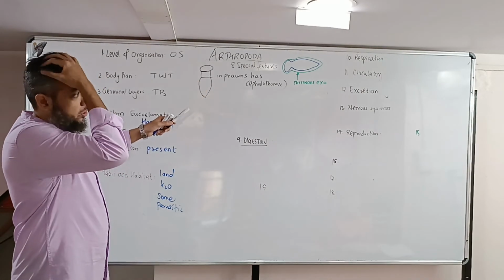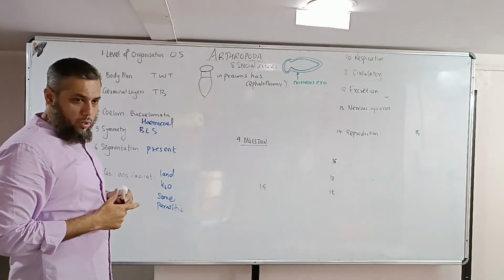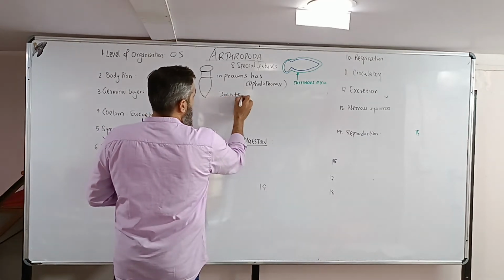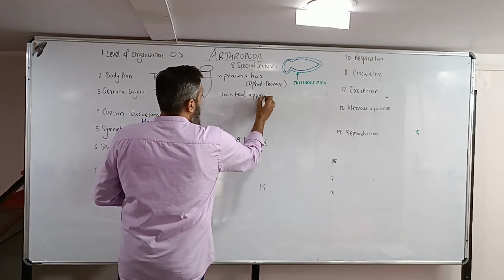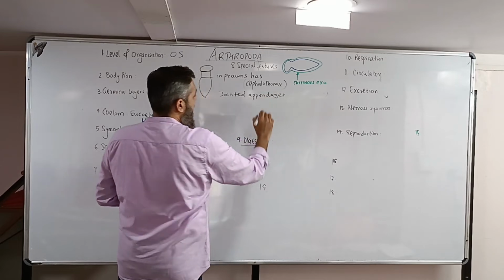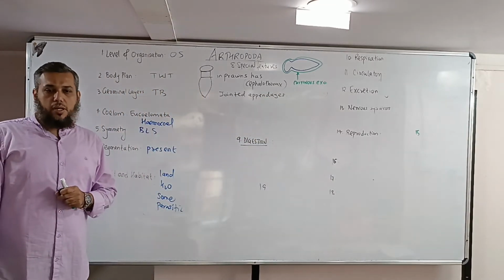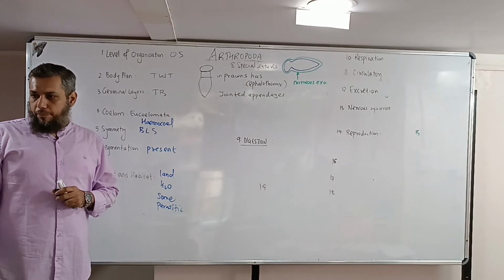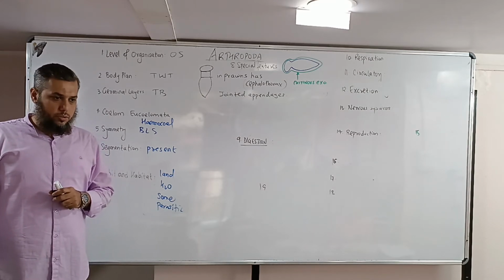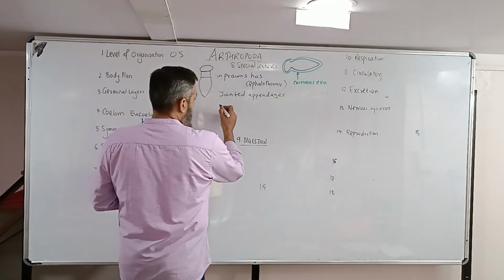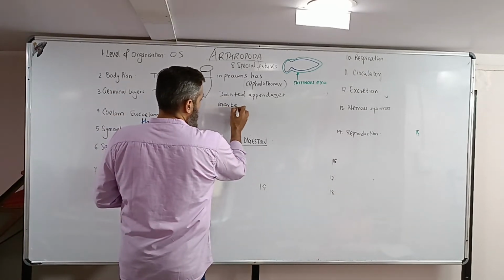What's the next thing? अरे वाह, पढ़ाने का ही जरूरत नहीं, इतने होशियार बच्चे लोग हैं. They show presence of jointed appendages, and from that they get their name, arthropods. I've told about that in cockroach. They show marked cephalization.